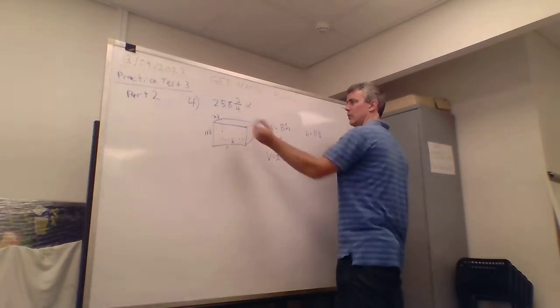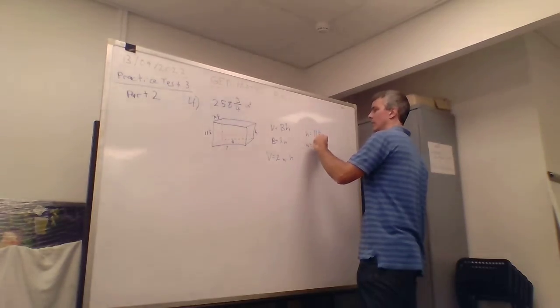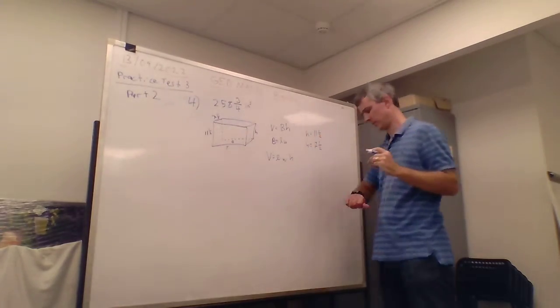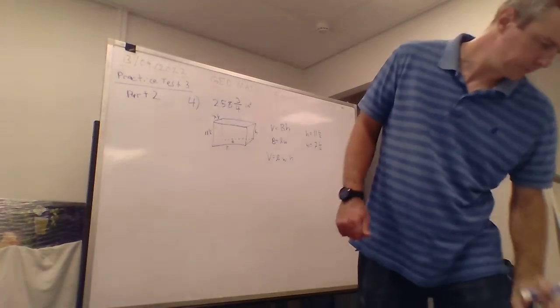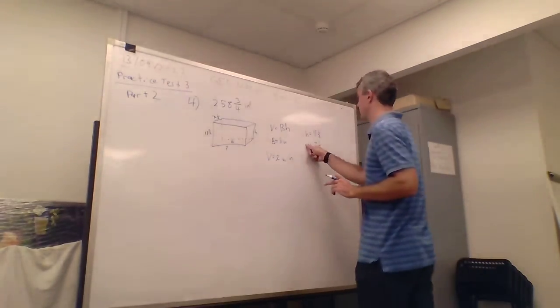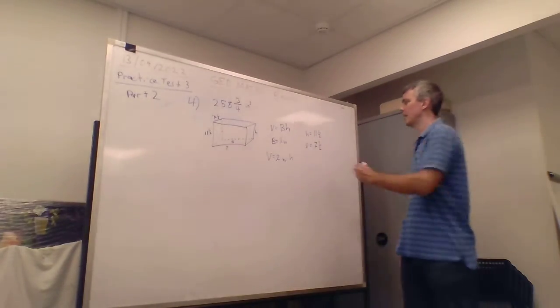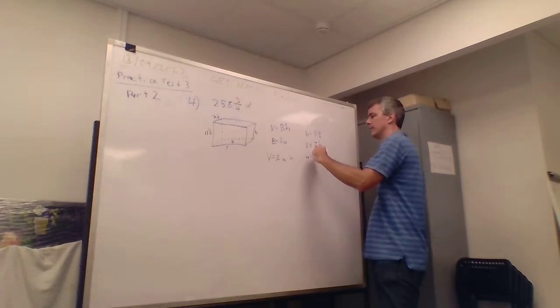And width is 7 and 1 over 2. Oh no, that's length. That's 7 and 1 over 2. Doesn't matter. But here we go. Length is 7 and 1 over 2. Okay? And width is our unknown.